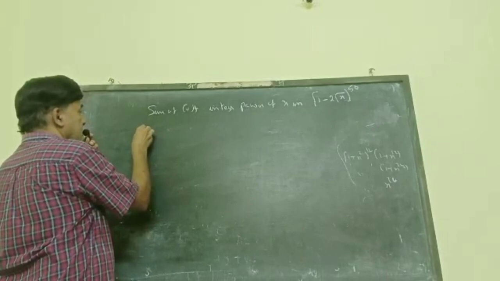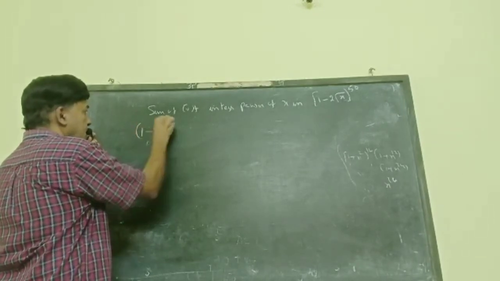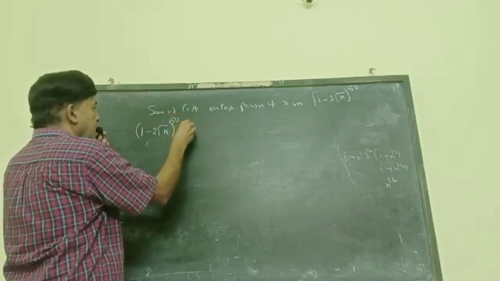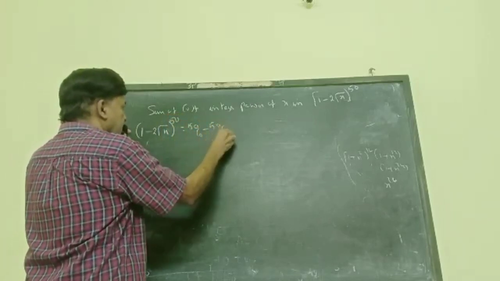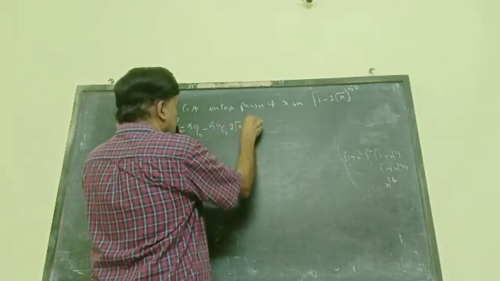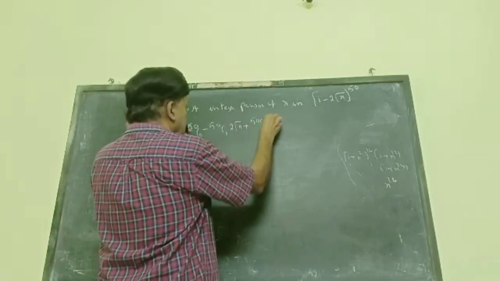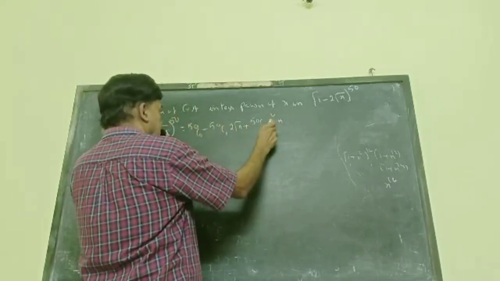Now, listen. When you expand (1 minus 2 root x) whole power 50, you will get 50C0, 50C1 into 2 root x, 50C2 into 2 square into x. We want this.